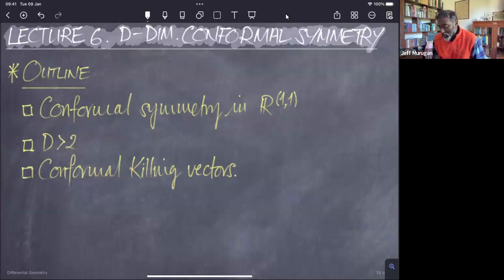I will finish off today, I think, by trying to count the number of independent parameters required to parameterize such a conformal Killing vector. And of course, you will remember what we did in the last lecture, or the lecture before that. But this will then tell us what the dimension of the conformal group is in d dimensions.